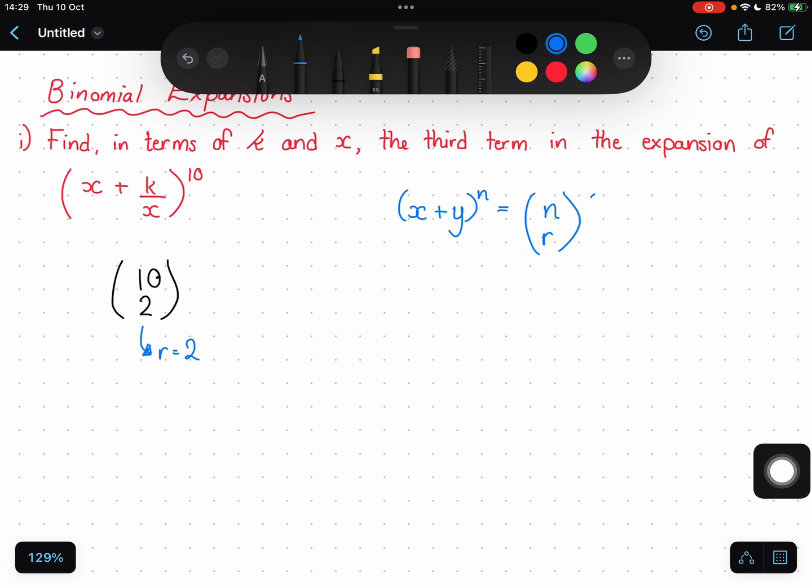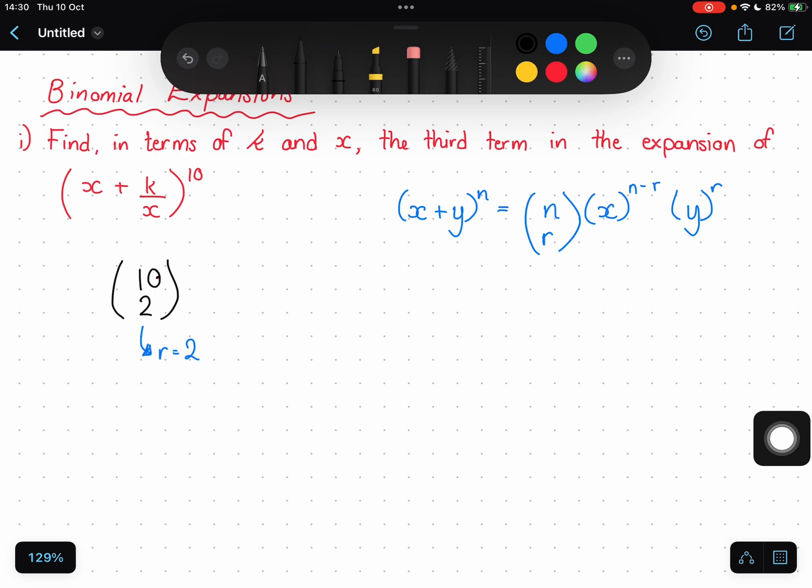Then we have the first term, so the x to the power of the total, so in this case 10 minus the 2. So the total minus r, so n minus r, and then the second term from inside the brackets to the power of r. So in this one, it's 10 choose 2.